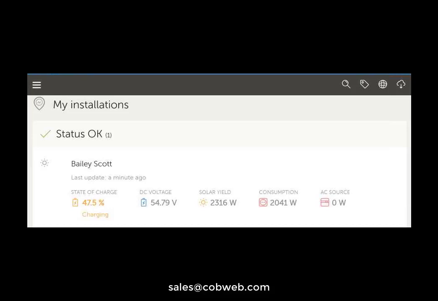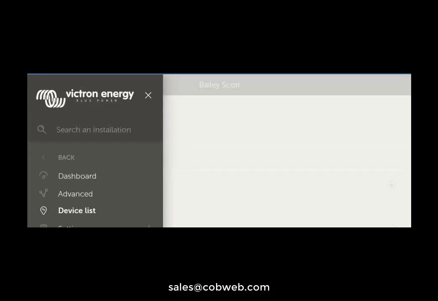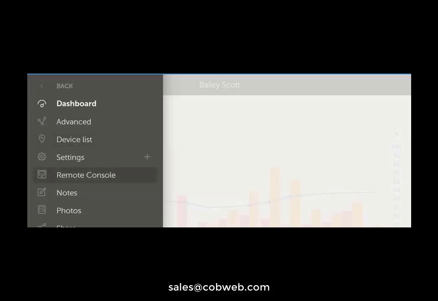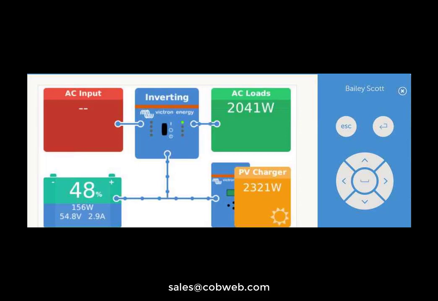Now, the customer did admit that there is a kind of partial solution, which you can now see on the screen, which is when he connects to the remote console of the system, and you can see in real time the AC load, which is the power being consumed by the house, and the power coming in from the solar panels. Top left, the AC input: if the generator is switched on, you would see the power coming in there.